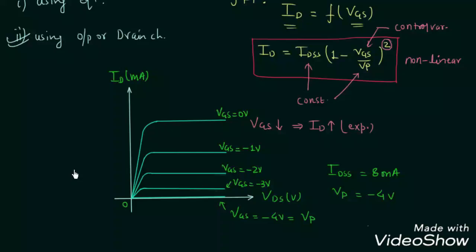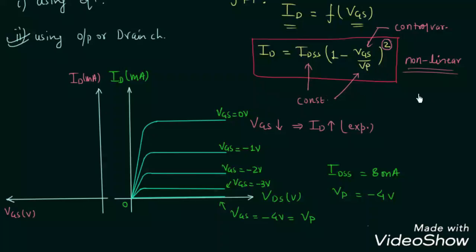Now we will obtain the transfer characteristics, and for that you have to draw the graph like this. The y-axis is again the drain current ID in milliamps, and the x-axis is for the voltage VGS in volts, and we already know the relation between ID and VGS is non-linear.